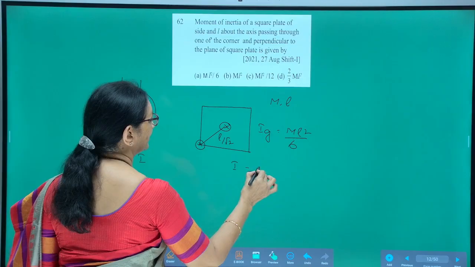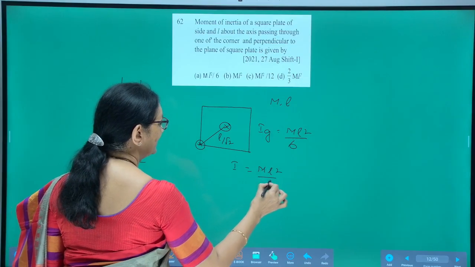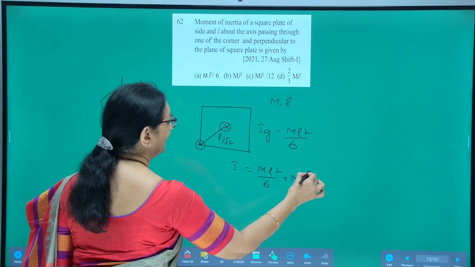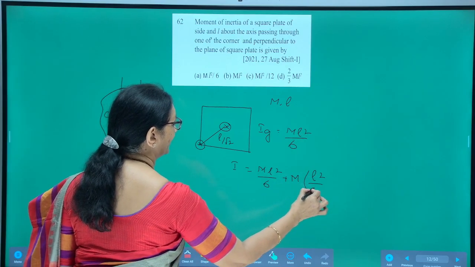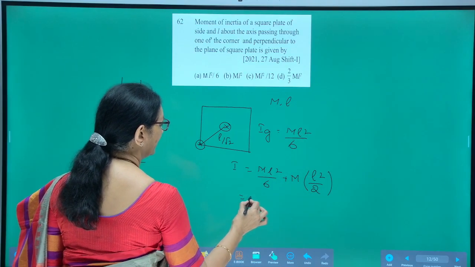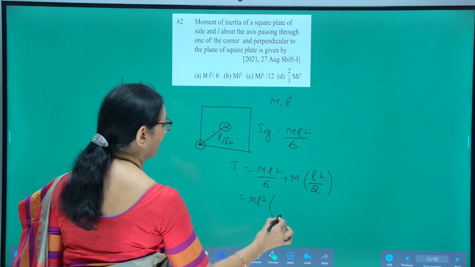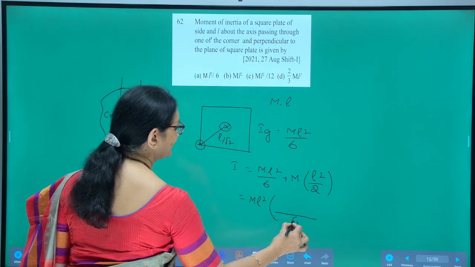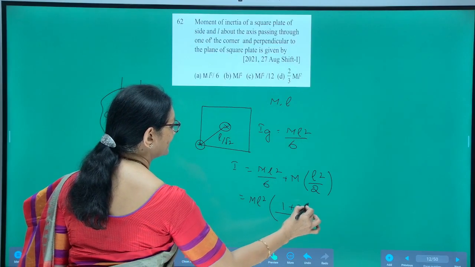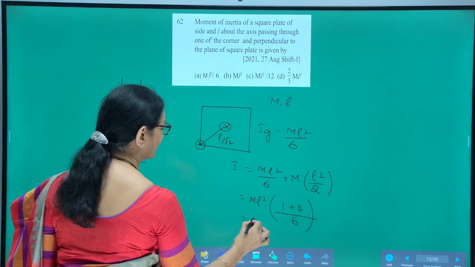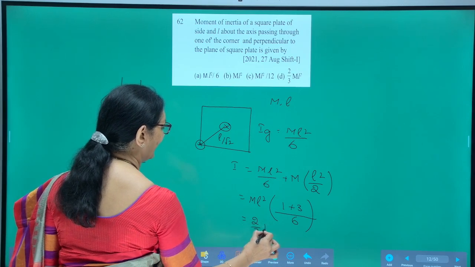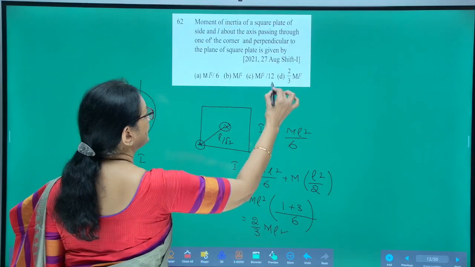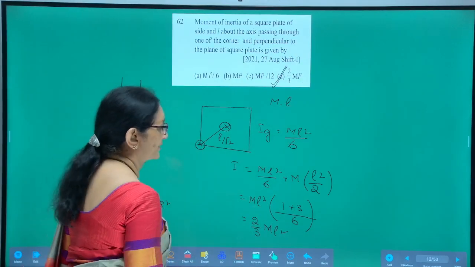So, I is equal to Ig plus m (L by root 2) whole square. If you take that ml square as a common factor outside, LCM is 6, 1 plus 3, 4 by 6, or it is 2 by 3 ml square. So, answer is the fourth option.